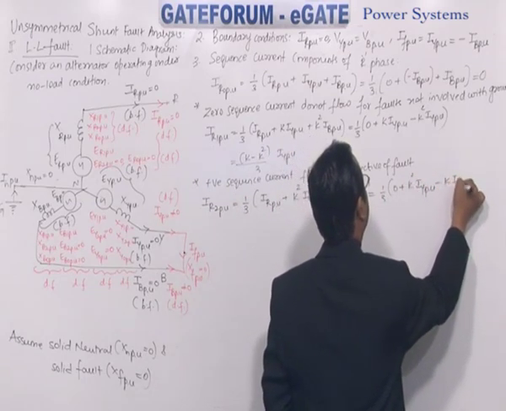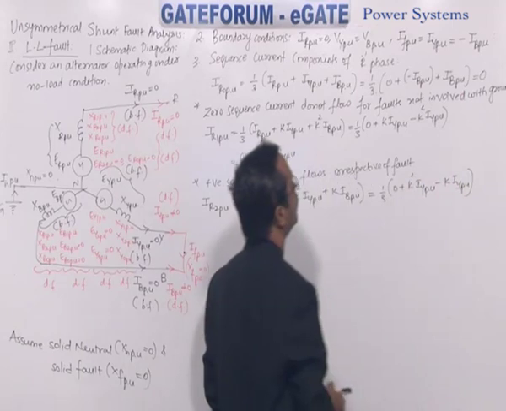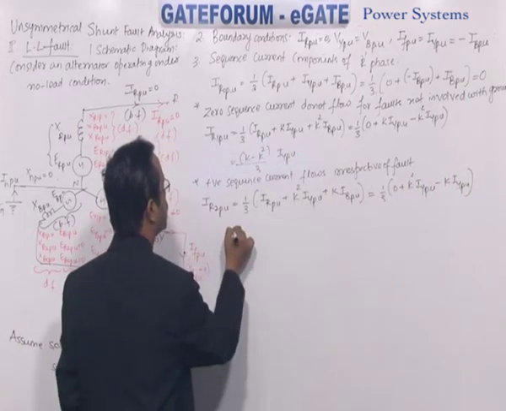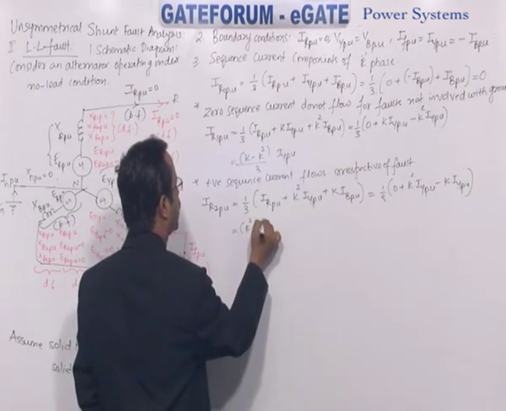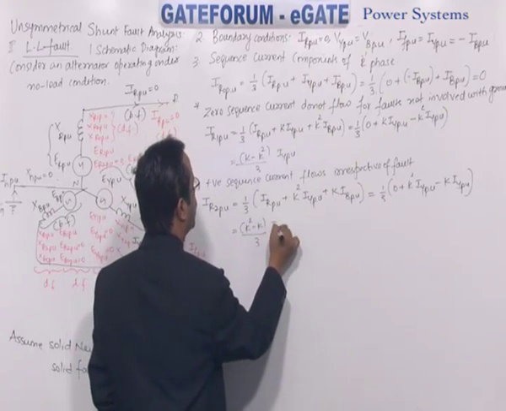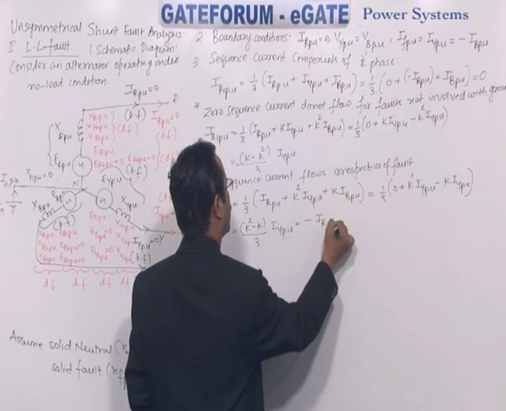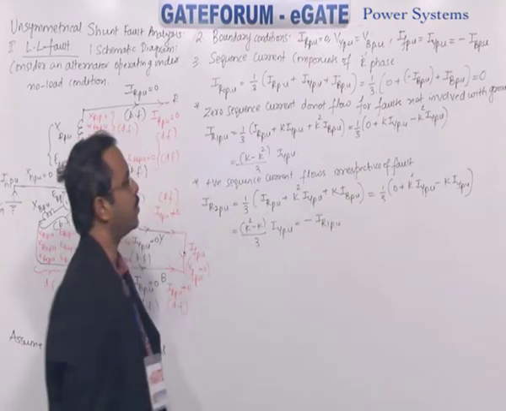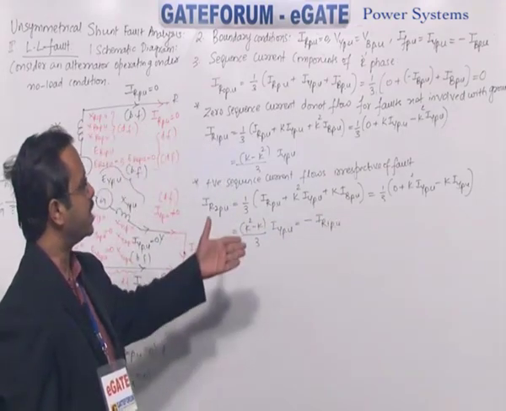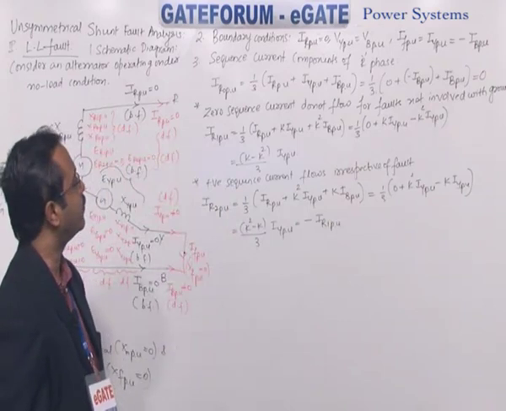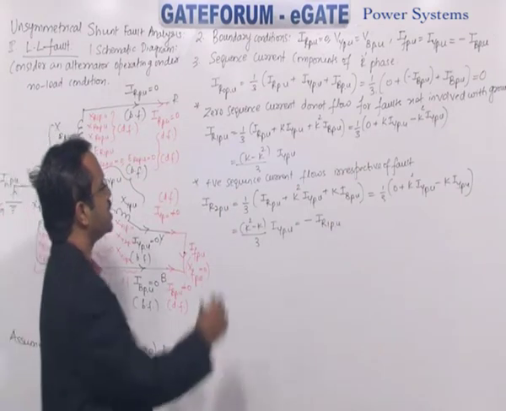Ib also you write in terms of Iy. So now how much you get? K square minus K. Earlier is K minus K square. Now K square minus K. So how much this IR2 per unit is? Minus IR1 per unit. So observe this.